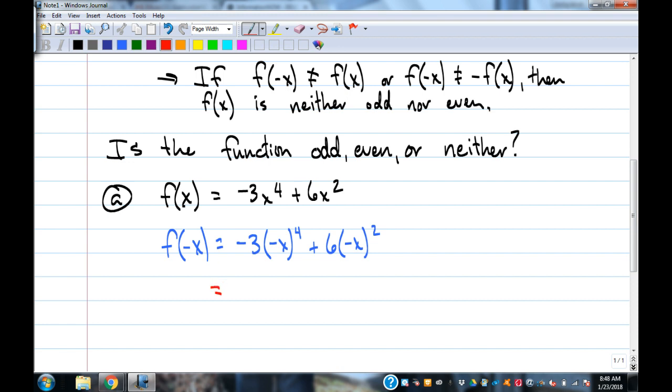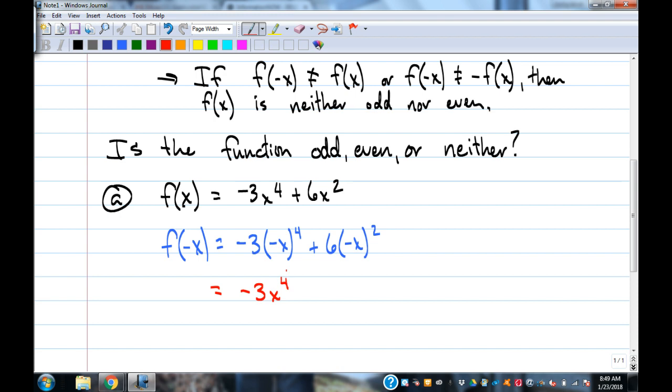So order of operations takes the lead here. So exponents first. Negative x raised to the fourth power. That's negative x times negative x times negative x times another negative x. There's 4 of them. Negative times negative times negative times negative turns into positive x to the fourth. Positive x to the fourth times negative 3.